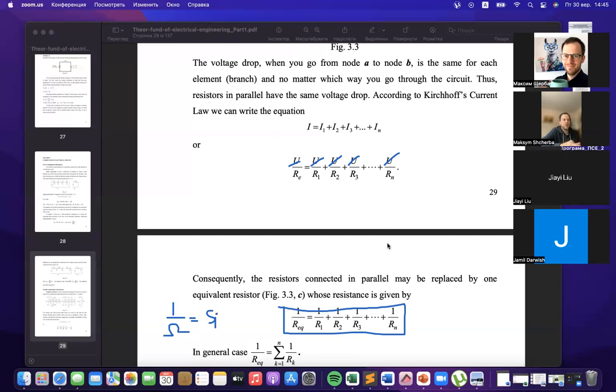And it's called so for a parallel circuit. Total conductivity equals the sum of all conductivities, or 1 over total resistivity equals 1 over all resistivities added to each other. The formula is like this.